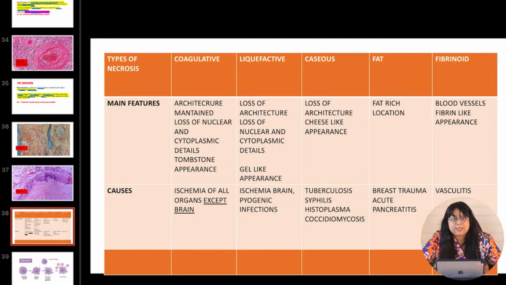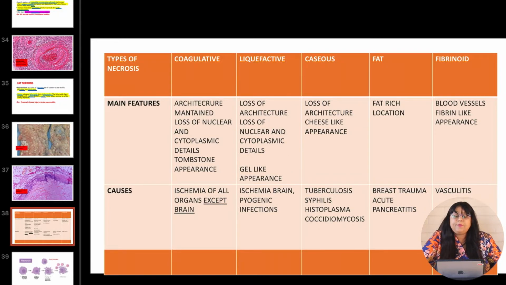Fat necrosis. As I have already told you, fat necrosis is seen in fat-rich locations, which could be breast or pancreas or mesentery. In fat necrosis, there will be cloudy appearance of the adipocytes. They will lose their architecture and form a cloudy appearance. So fat necrosis is seen in cases of breast trauma or acute pancreatitis.